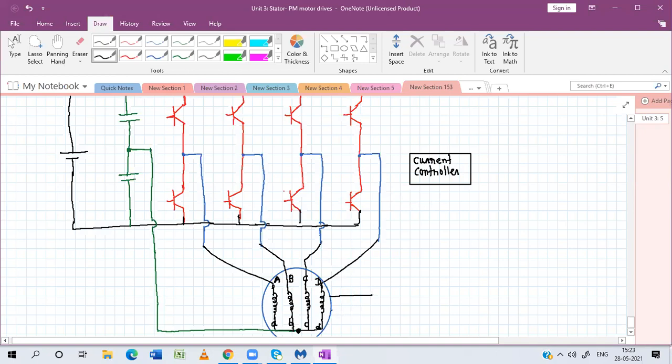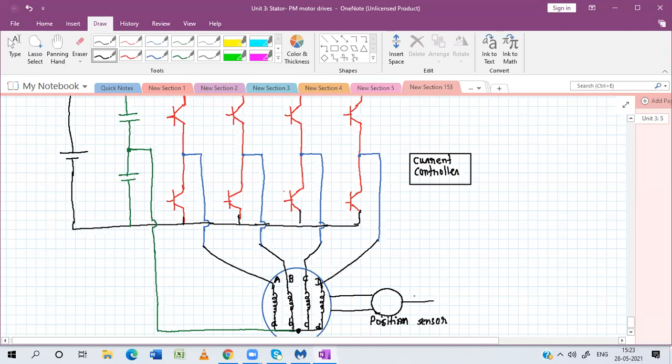Now how the position sensor looks, and how the signal is given to the power devices, that we are discussing. Consider this is a position sensor.